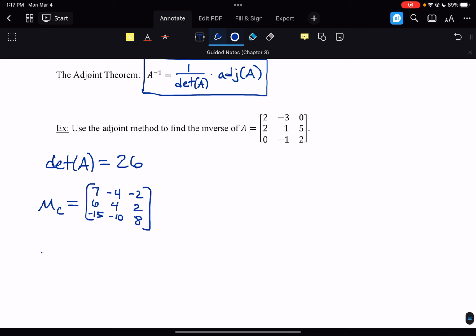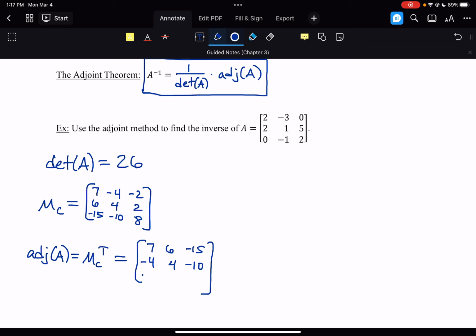So our adjoint, which is the transpose of the matrix of cofactors. So we transpose this matrix, interchange row and column. So that's 7, 6, negative 15. That's negative 4, 4, negative 10, negative 2, 2, and 8.